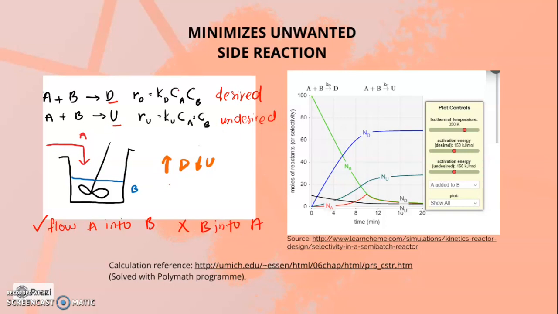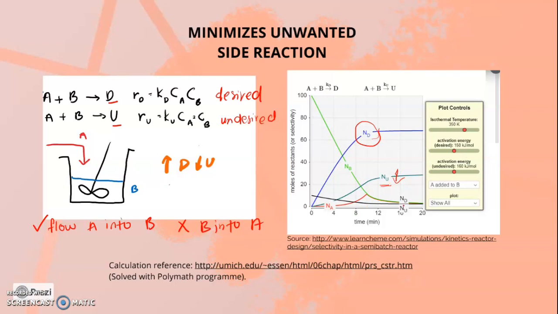So why is that? Because when the concentration of A is low, the moles of reactant A inside the reactor is low enough, you can actually maximize the production of D and lower the production of your undesired product, which is U. There are calculations involved.